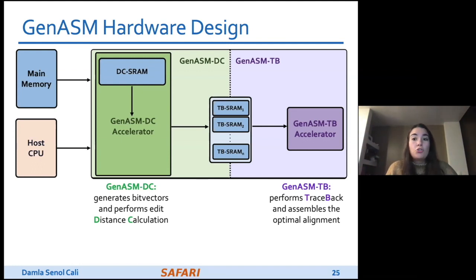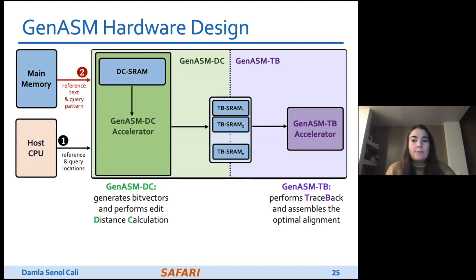So GenASM execution starts when the host CPU issues a task to GenASM with the reference and query sequences locations, and then GenASM DC reads the corresponding text and pattern from the memory, and then writes these to its dedicated SRAM, which is DC SRAM.